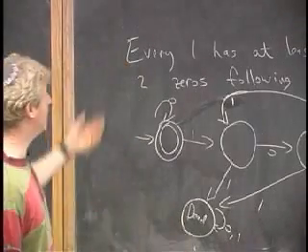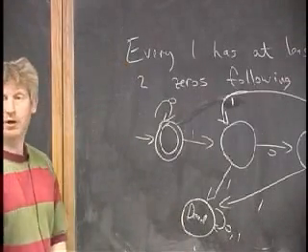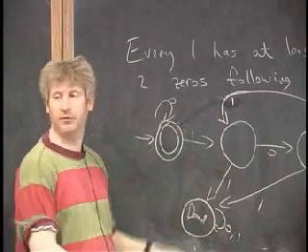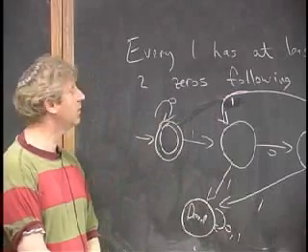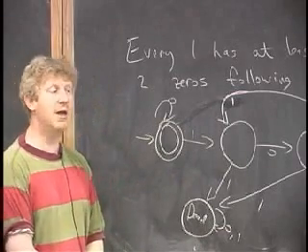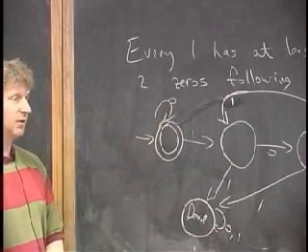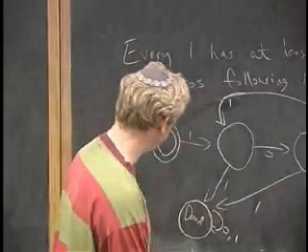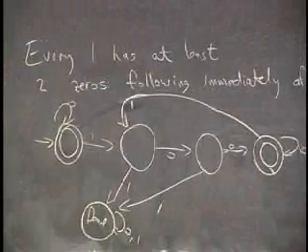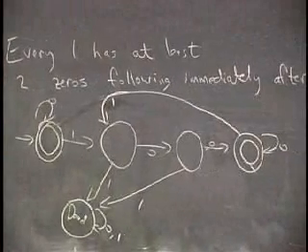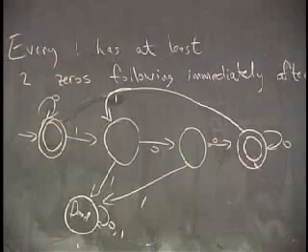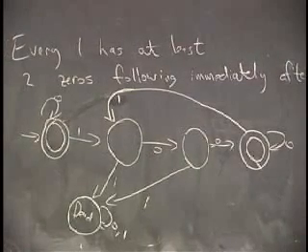So if somebody gives you a problem and you can't figure out how to do it, but you know how to do its complement, just do its complement and then mechanically convert it. Same thing with reversal, and same thing with many, many other operations. Union, intersection, and lots. In the case of this example, the regular set would be the set of all binary numbers that have at least 2 zeros following a 1.